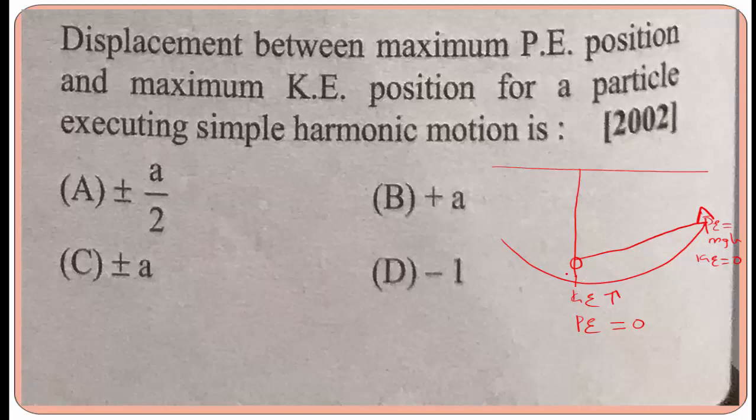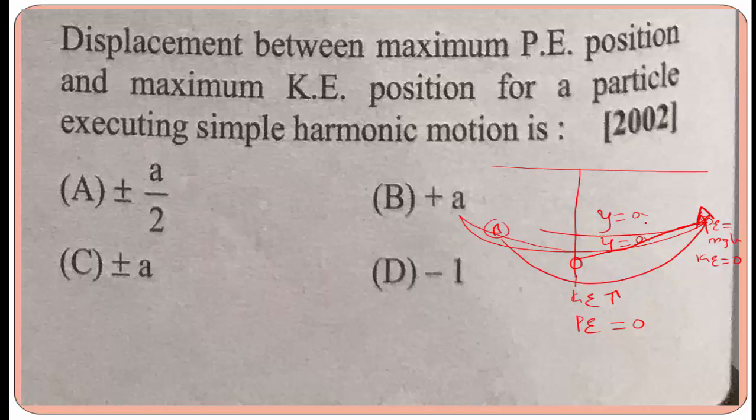Here, the amplitude is y is equal to a. Here the displacement is equal to amplitude. It is plus or minus a for both the ends. This is the one end A and this is another end B.